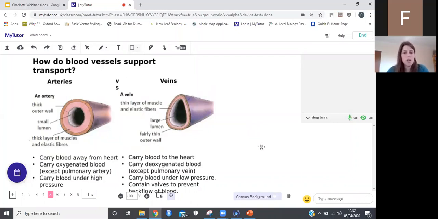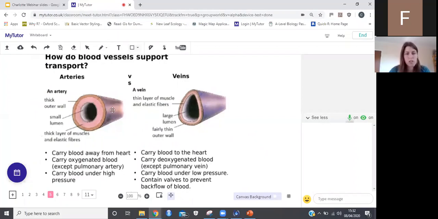So I've got two diagrams here, arteries on the left, veins on the right. An artery carries blood away from the heart. So we saw that blood left the heart in the aorta and it heads off to the lungs in the pulmonary artery. And there are several other arteries that continue to transport the blood around the body.